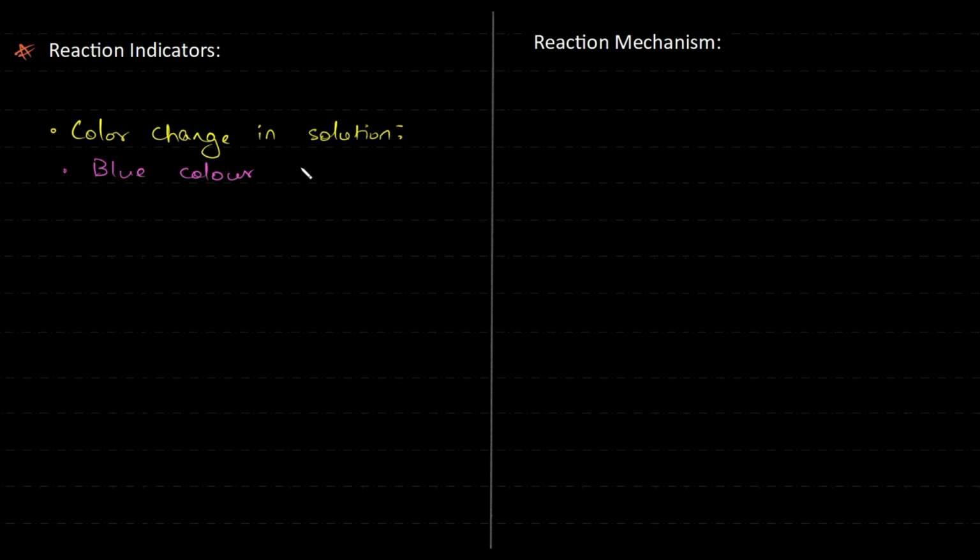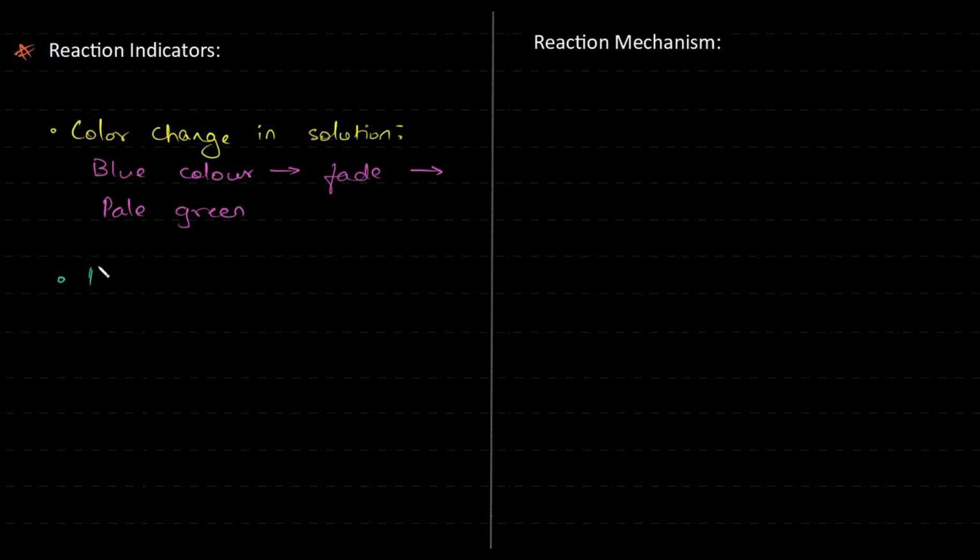So basically because of copper ions, which will gradually fade away. So this will fade out as the iron sulfate, which is pale green, is formed. Okay, so that's the very first thing.